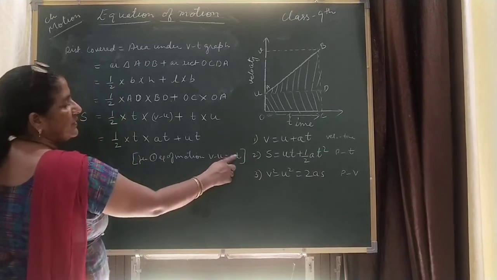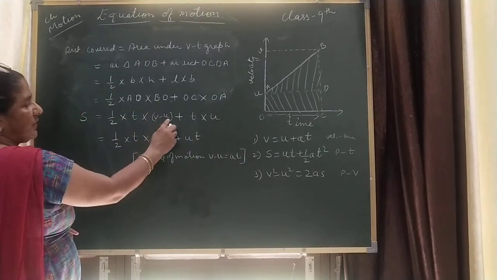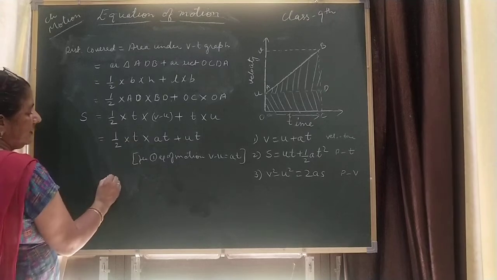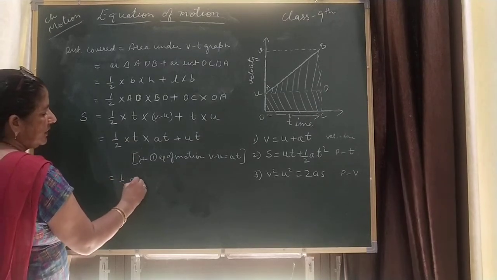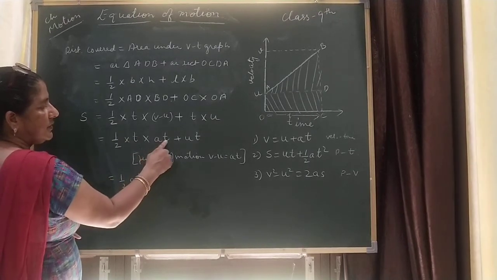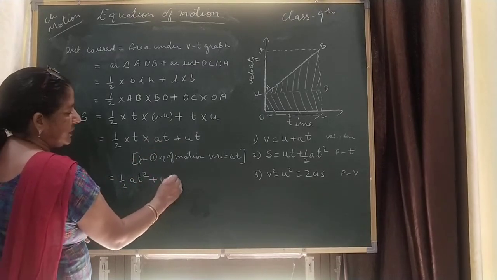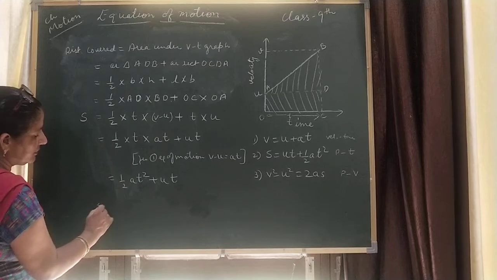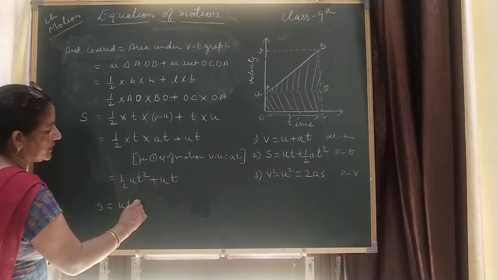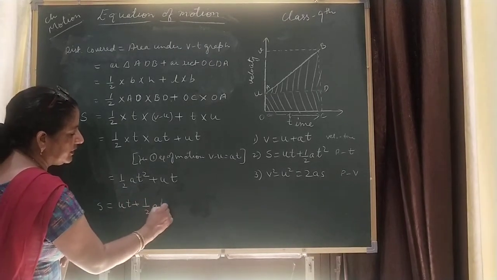So we know V minus U equal to AT, that's why I am putting V minus U equal to AT. This is equal to half AT square. AT into T is AT square, plus UT, or S equal to UT plus half AT square.